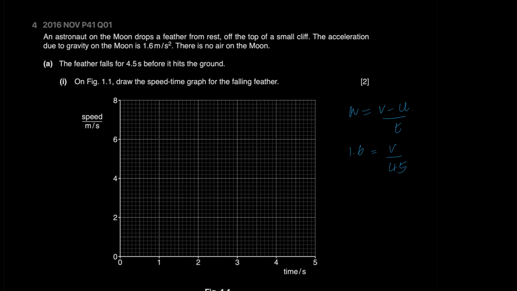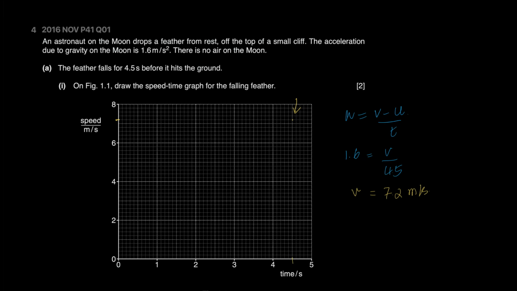Right? And I'll get this value as 7.2 meter per second, because I'm trying to find out v. That's the final velocity. So at 4.5, the value is 7.2. So that's the value right here.